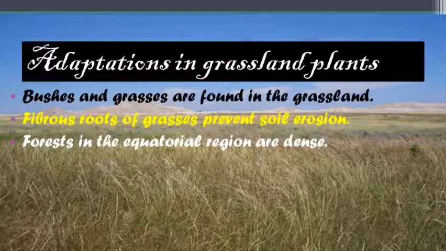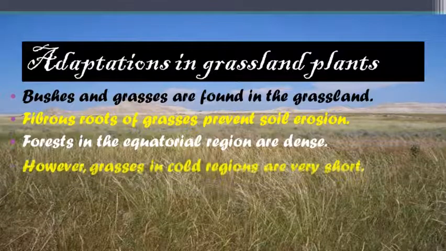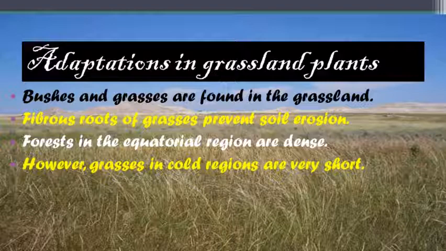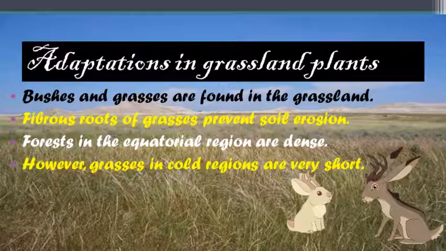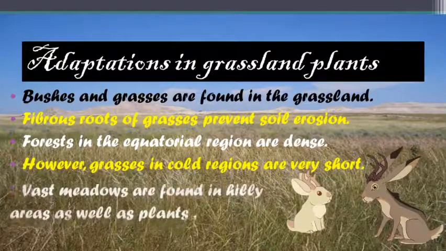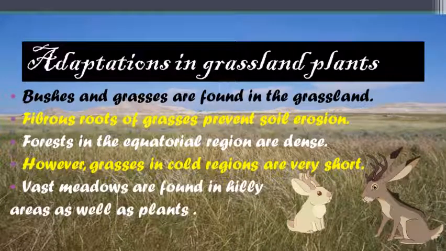Grasslands in the equatorial region are dense, that means very compact with grasses, and animals like tiger, elephants and deer can remain hidden in these grasses. However, grasses in cold regions are very short. Animals like the rabbit are found in such grasses, and vast meadows are found in hilly areas as well as plains.